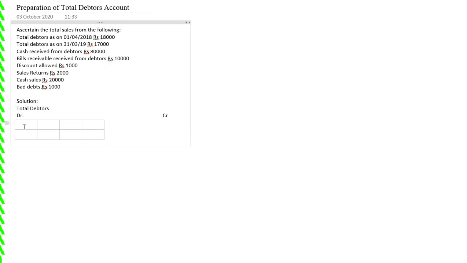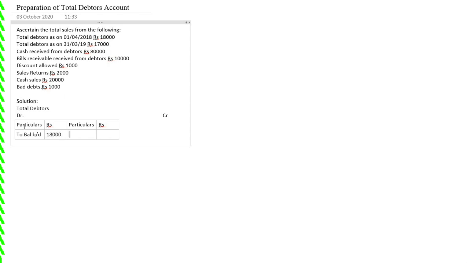So here the first one is particulars, then rupees, then particulars, then rupees. So we have given the opening balance of the debtors in the problem. So to balance brought down rupees 18,000.